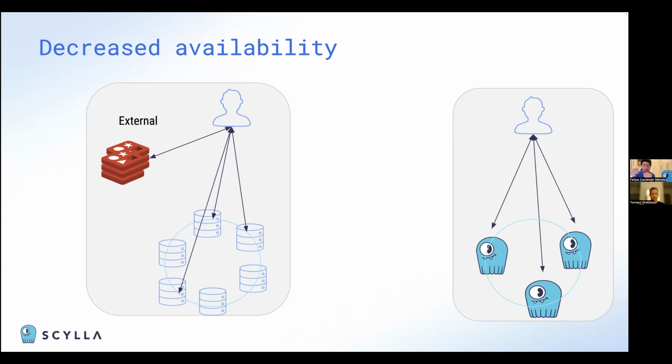Second, most of the time people rely on their cache to fulfill their SLAs. So even if your application properly handles the failover logic, it will likely overwhelm your database, and this may result in unavailability for your end users.